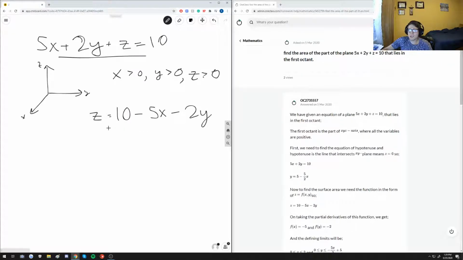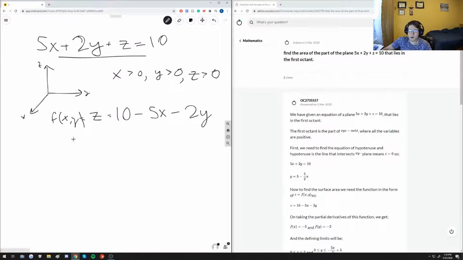So this is basically our f of x, y, and we're going to be integrating with respect to x and y. So we also have to come up with our bounds. For this case, we want to set one of our bounds to be constant and one of our bounds to be variable, depending on the other variable.